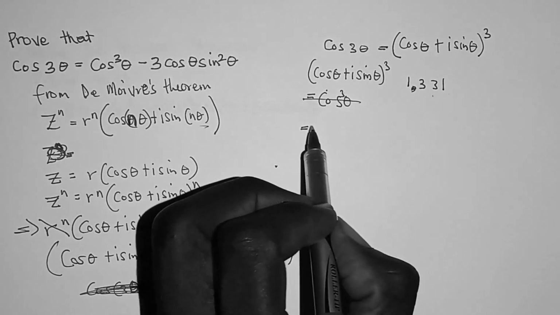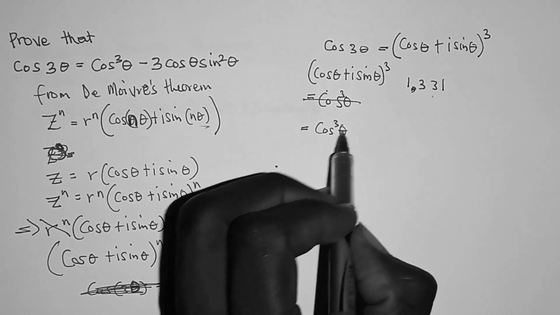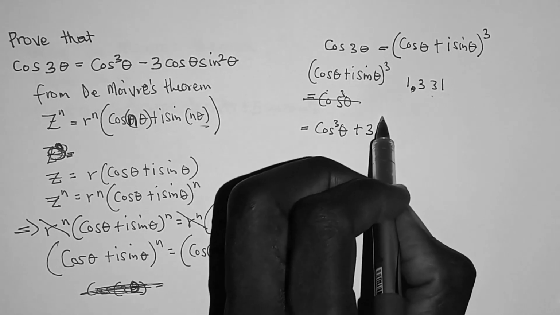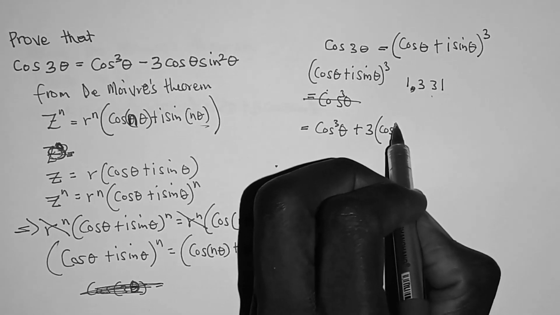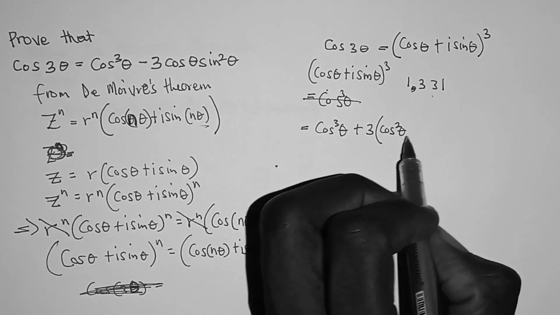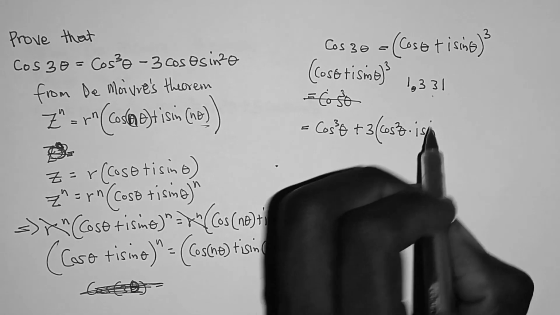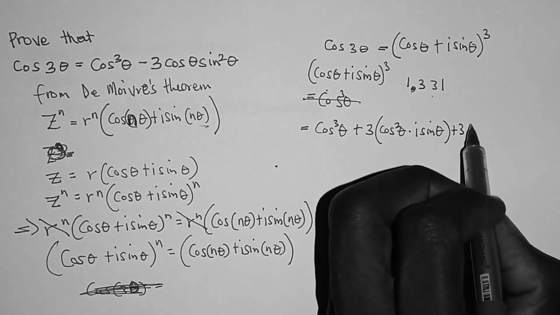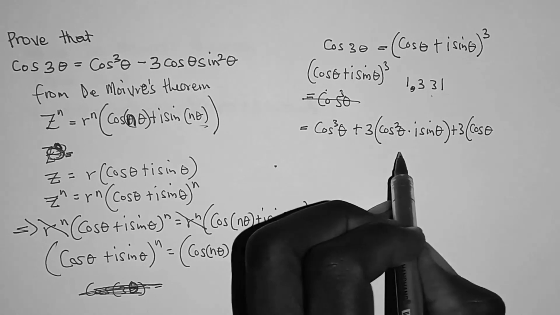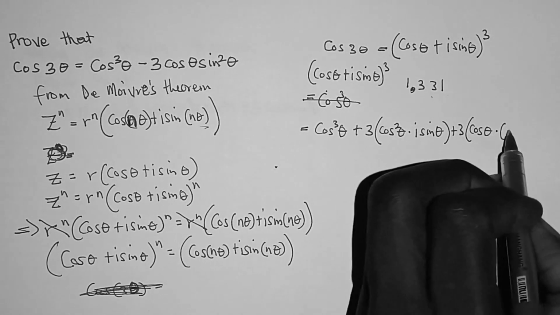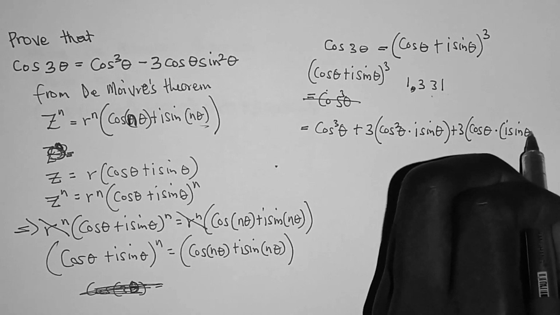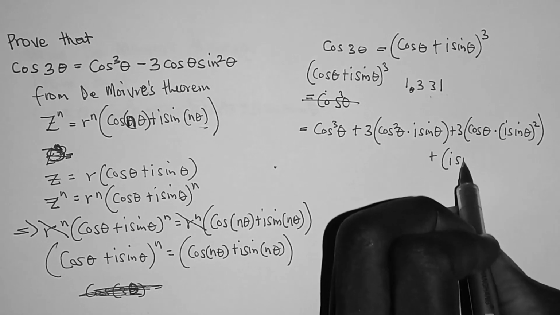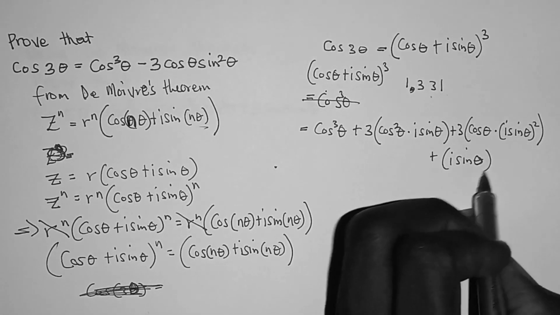Equal to cos theta cubed, then plus 3 times cos squared theta times i sine theta, then plus 3 again times cos theta times (i sine theta) squared, plus (i sine theta) exponent 3.